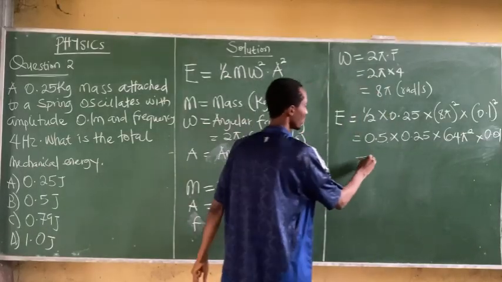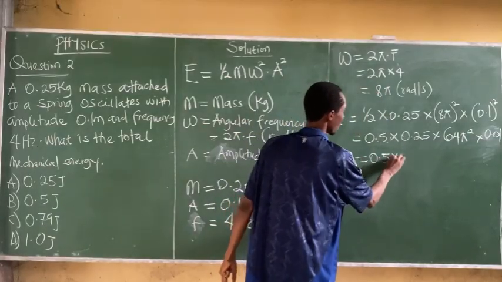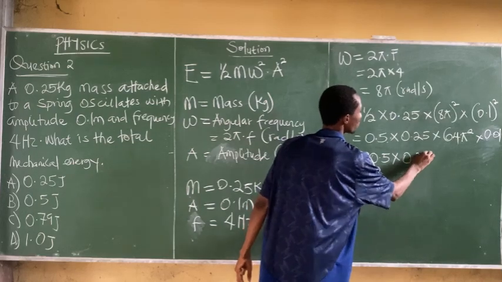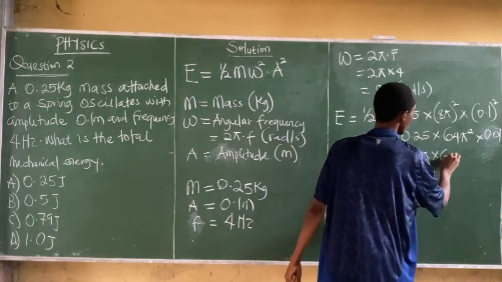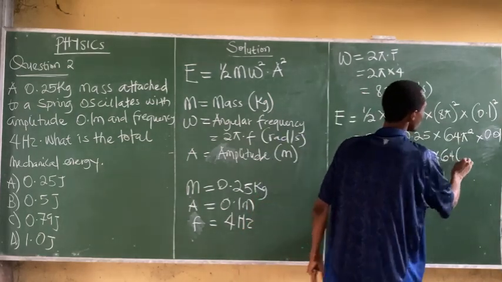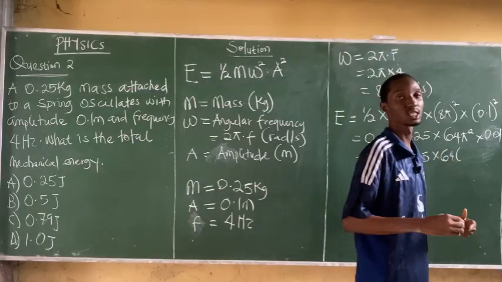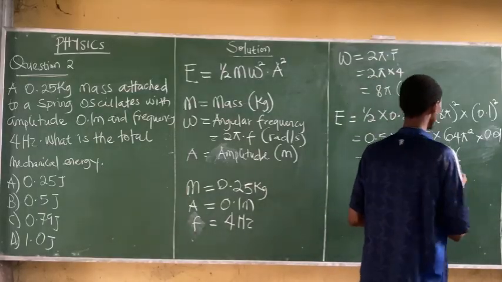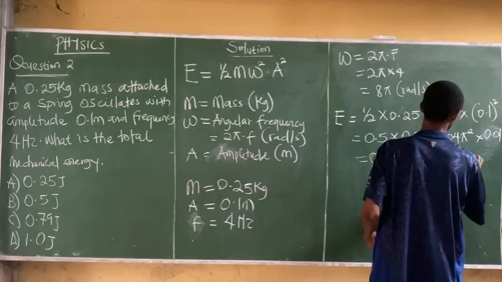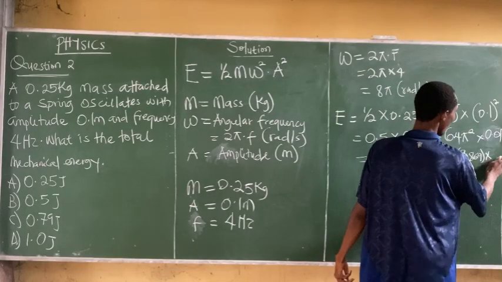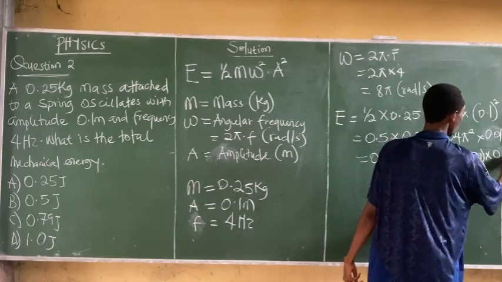Now let's multiply this out. We have 0.5 times 0.25 times 64 times pi squared. Pi is 3.142. The square of it will give us 9.869, times 0.01.